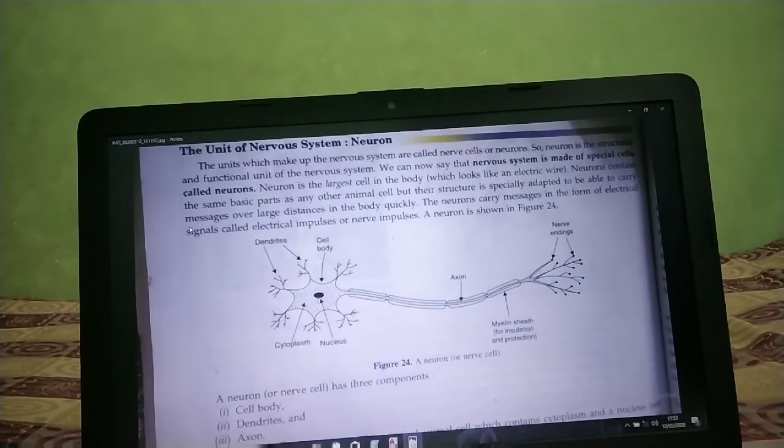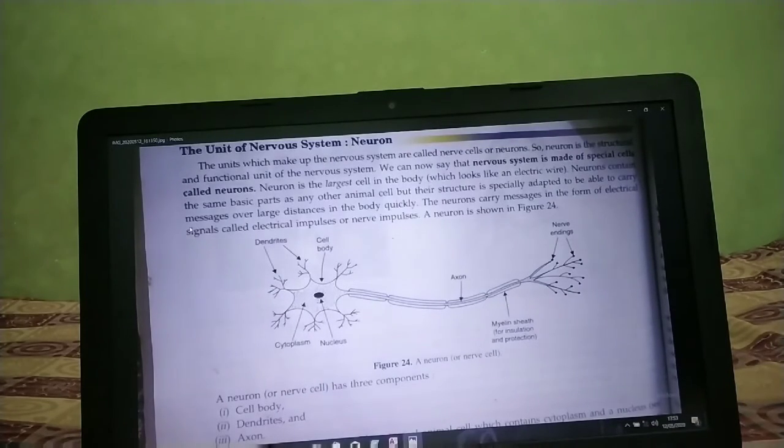Neurons contain the same basic parts as any other animal cell, but their structure is specially adapted to carry messages over large distances in the body quickly. Whatever the distance, the message reaches it. The neurons carry messages in the form of electrical signals called electrical impulses or nerve impulses.